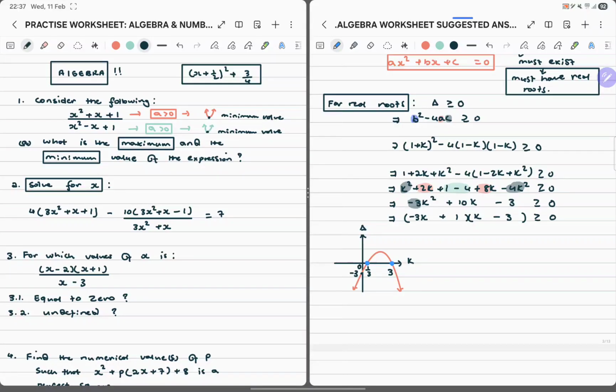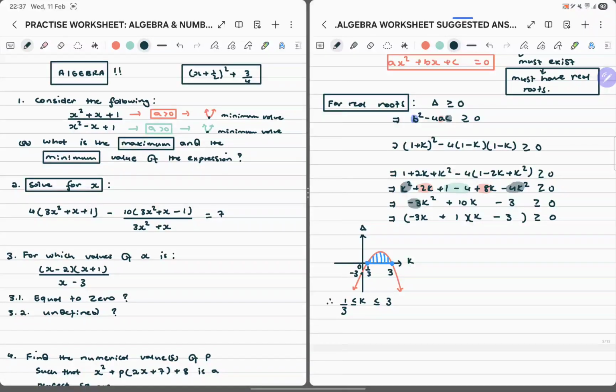When is it above 0? In between the two intercepts. So this is just to illustrate that these k values in between give us what we want. So essentially we connect the bar like this because those are the solutions for k. So we can write here, therefore, our k must be less than or equal to 3, greater than or equal to a third.